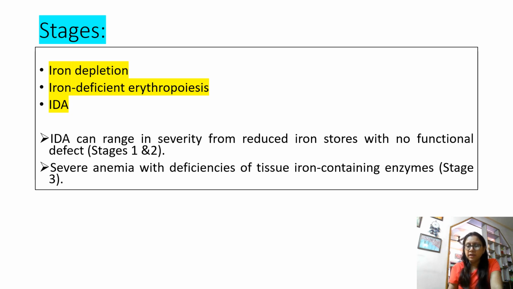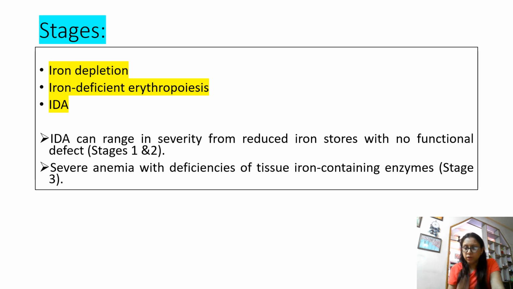So we know iron deficiency anemia develops in 3 stages. So before frank iron deficiency anemia we have stage 1 and stage 2. Stage 1 is iron depletion, where our storage forms of iron start to deplete, like ferritin, hemosiderin. Fine. Second is what?